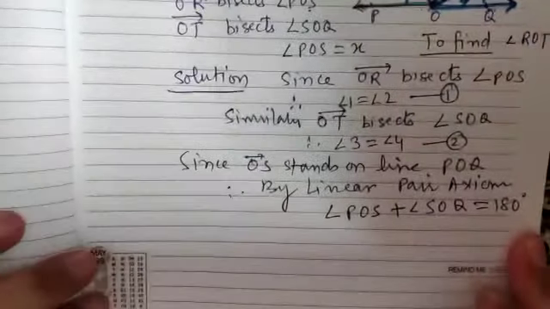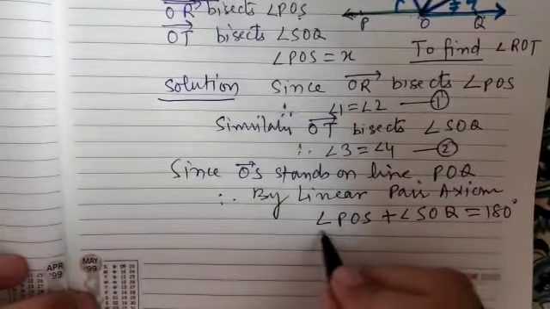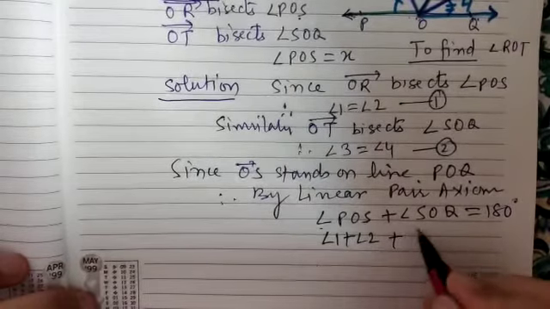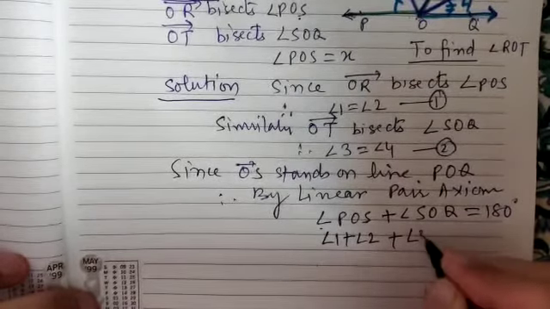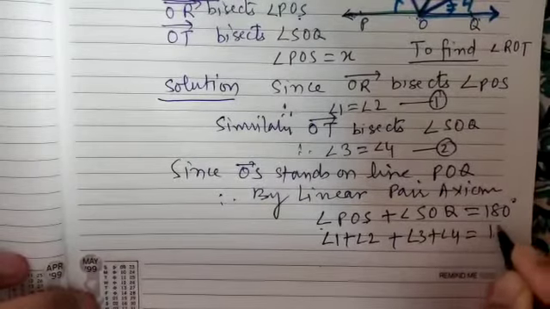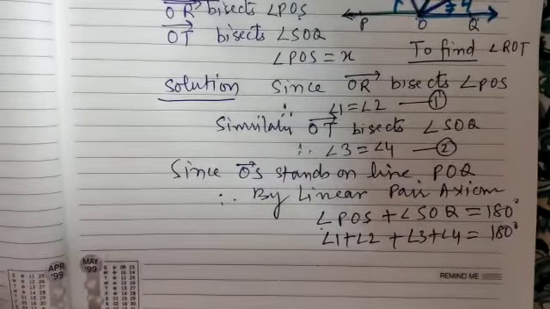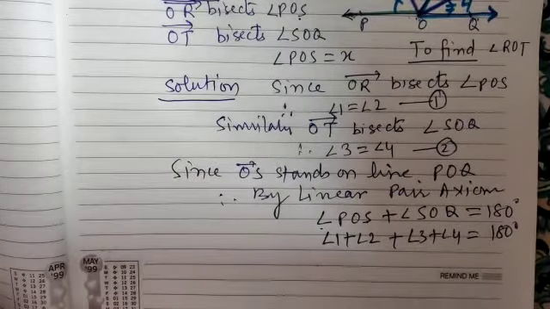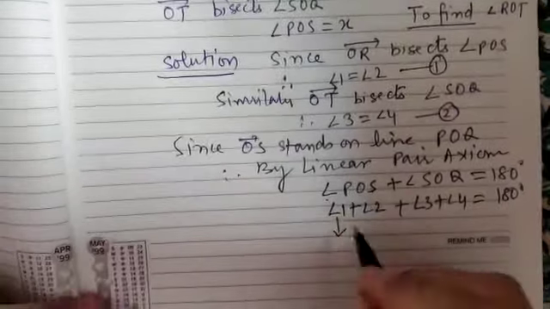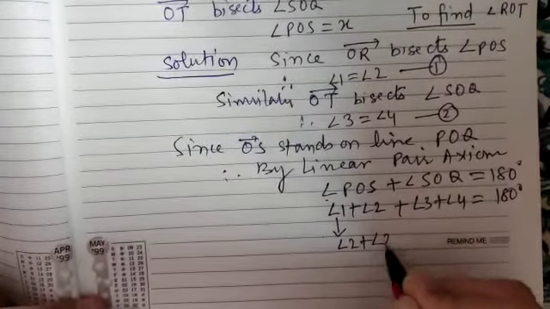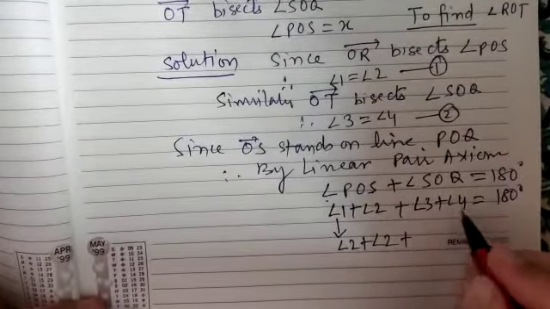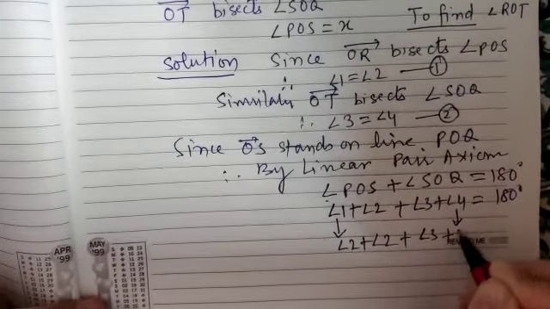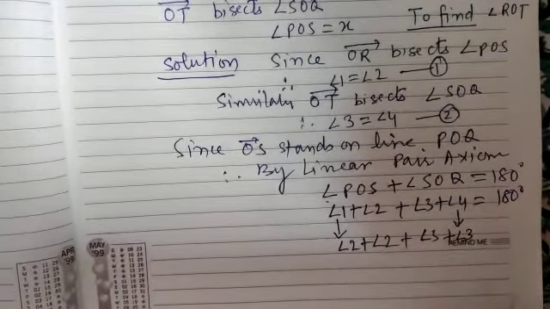Now we are going to replace the angles. So angle POS is angle 1 plus angle 2 and angle SOQ is angle 3 plus angle 4. So this is equal to 180 degrees. Now angle 1 is equal to angle 2. So at the place of angle 1, I can write angle 2 and angle 4 is equal to angle 3. So at the place of angle 4, I can write angle 3.